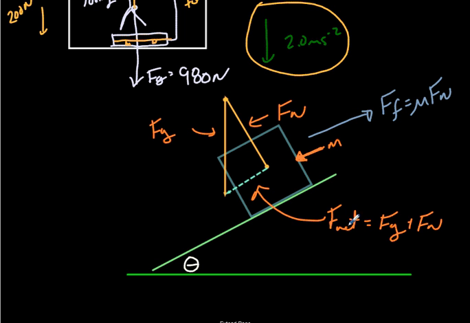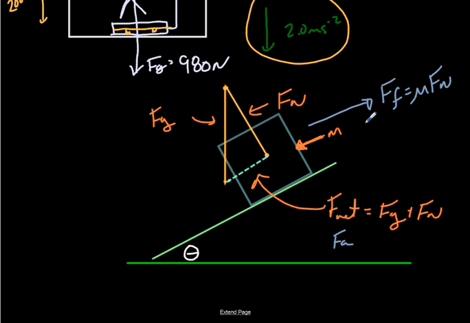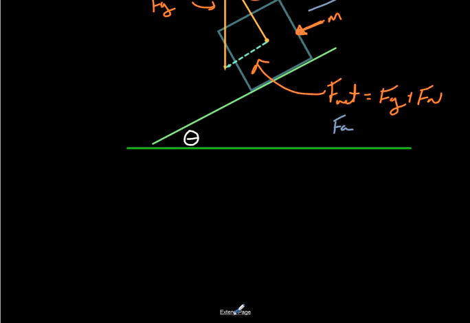We're just going to change the name from F net to FA. It's the force attempting to accelerate this object down the plane. FA and Ff remain equal to each other until the object starts to slide. If it slides at constant speed, then they are exactly equal to one another. If there is a net acceleration down, then FA has become larger than Ff. We'll get into that in a little bit, or possibly in another class.